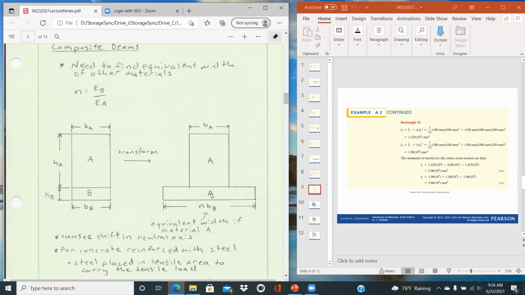So we only want to change it in the width direction, so that the centroid of section B remains the same as if we expanded it out to all material A. And so that new width is just that magnification factor, the ratio of the Young's modulus, times the original width that we have. And so this product would be the equivalent width if the material were A.